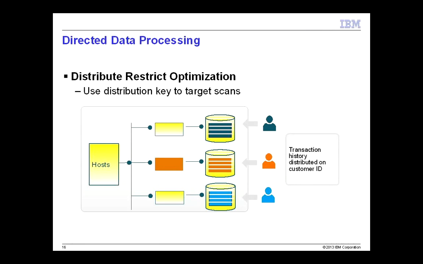Some of the improvements made: for tactical kinds of queries, it has been improved to get better throughput, with direct data processing for improved concurrency. Things have changed in terms of the distributions, and page level zone maps eliminate unnecessary disk scans, which is very important.